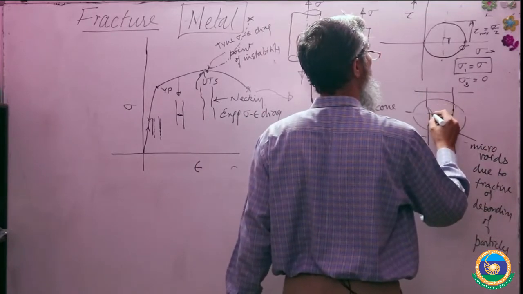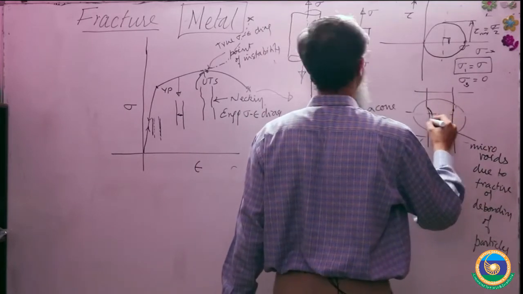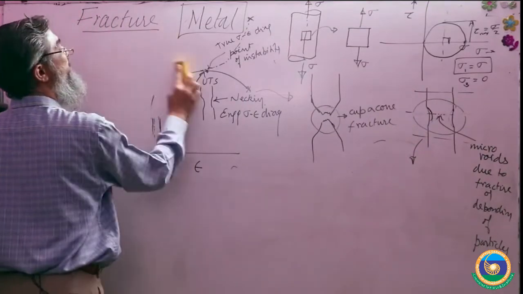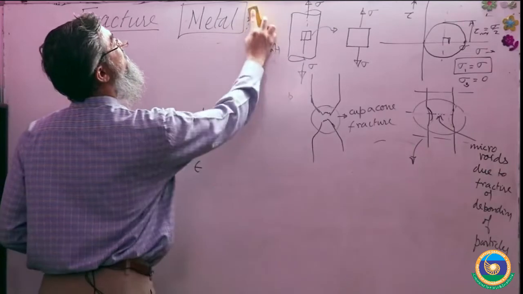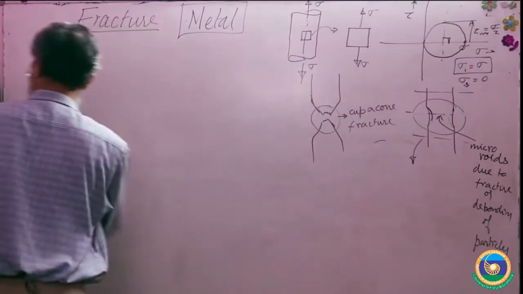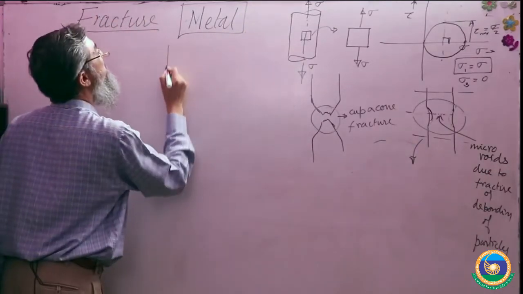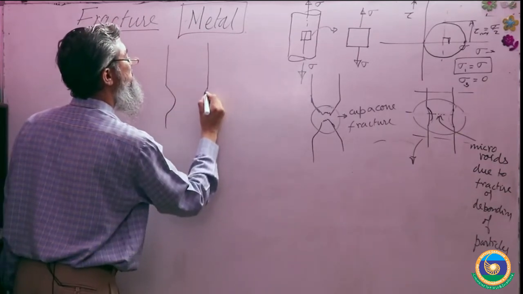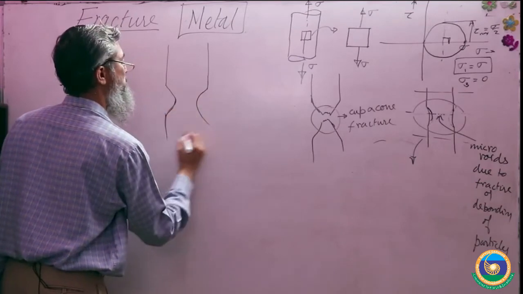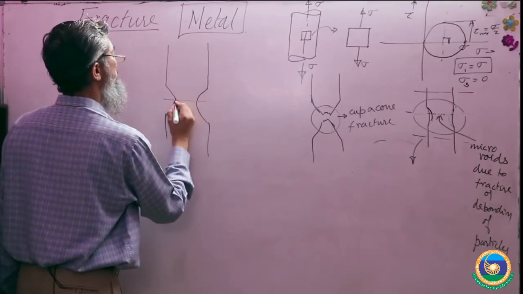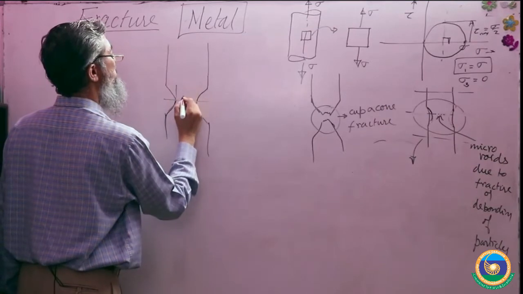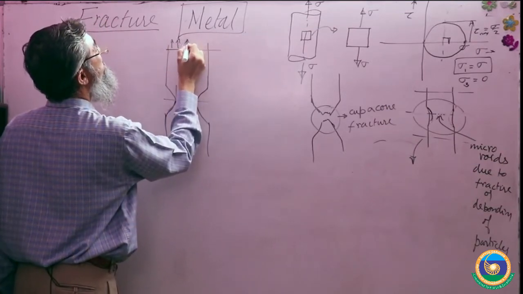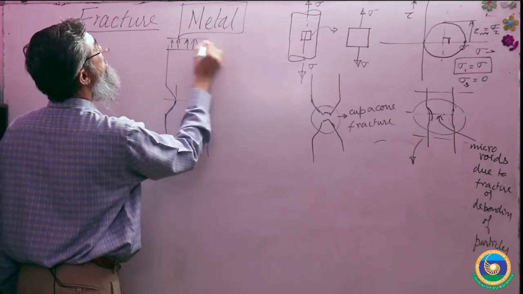Let me show you the stress distribution when there is a radius of curvature. Away from this part, the stress distribution is uniform, this is sigma.